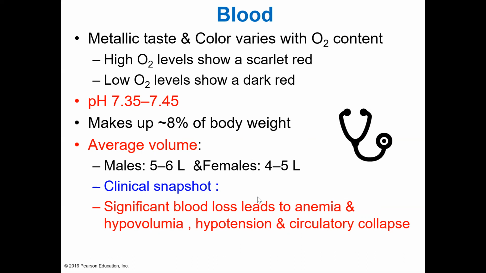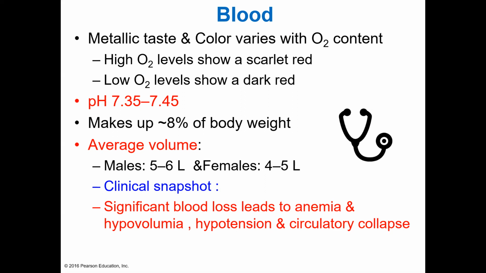Low blood count or low blood volume due to any form of loss, either functional or structural, just the volume, like bleeding from accidents or surgeries, cancers, ulcers, any source of bleeding, internal or external, can cause significant blood loss.